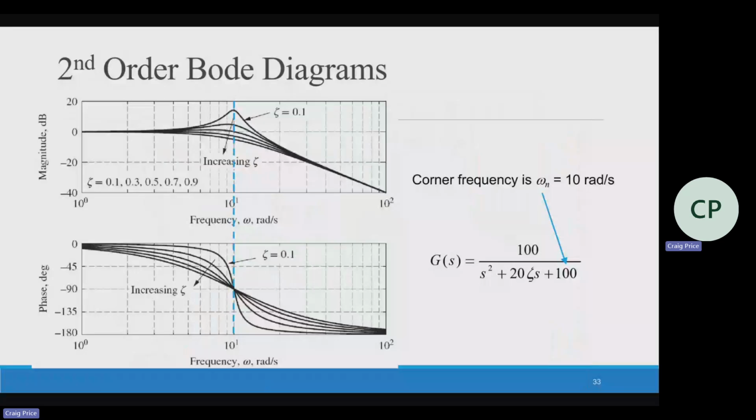Once I hit basically 0.7 or √2/2, that's where it looks like a first order system. I don't see any bump. I don't have a resonant frequency. So the more damping you have, you can avoid any kind of peak in the magnitude.